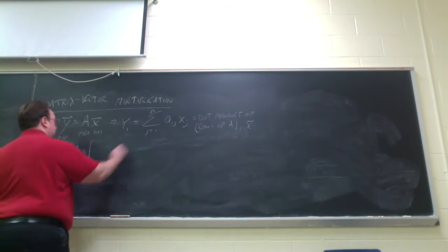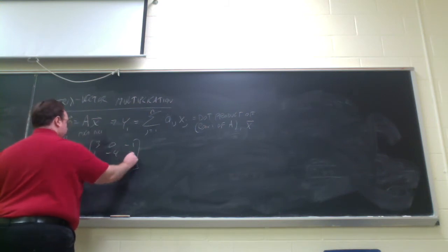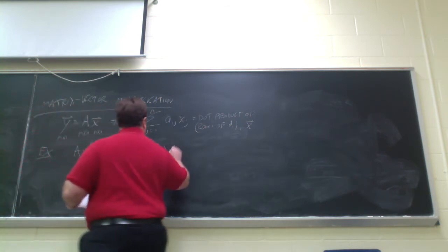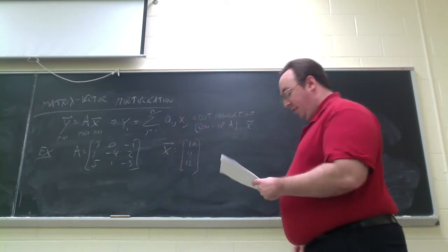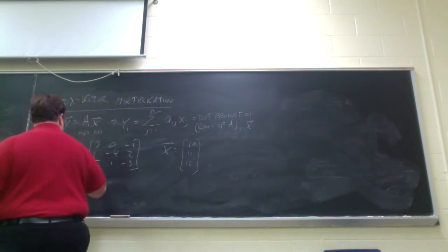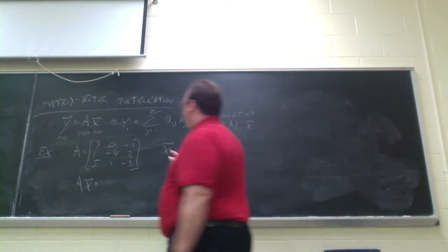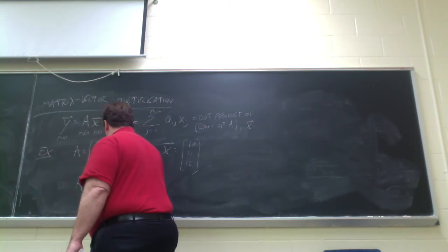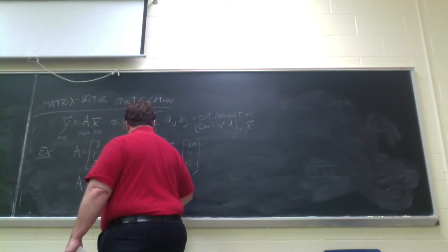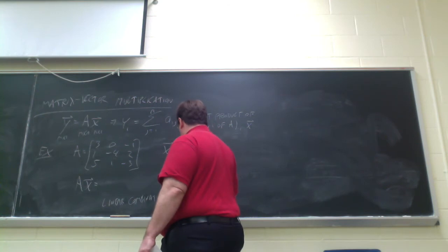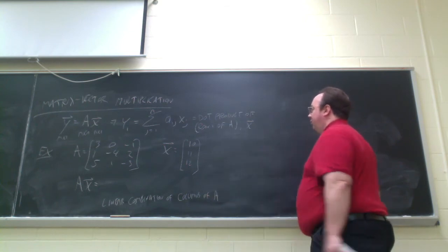If I have this matrix A, then my vector x is this, so that if I go ahead and compute A times x, what's really happening is matrix vector multiplication amounts to taking a linear combination of the columns of A, where the coefficients in the linear combination are determined by x.